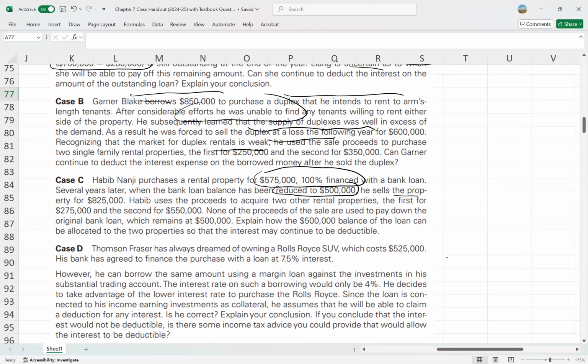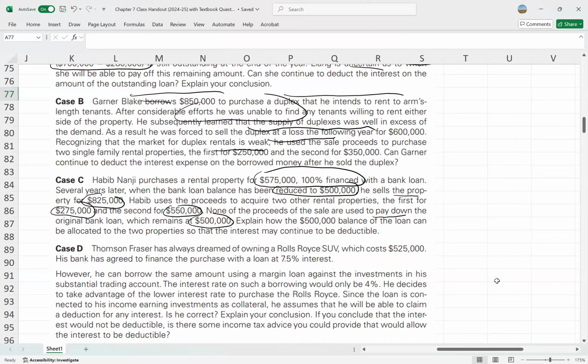He sells the property for $825 and then uses the $825 to buy two new properties, one for $275 and one for $550. He didn't use any of the $825 to pay down the loan, so the loan is still outstanding for $500,000. And so once again, similar to the previous one, the loan of $500,000 can now be traced to the two new rental properties so that he can still deduct the interest.